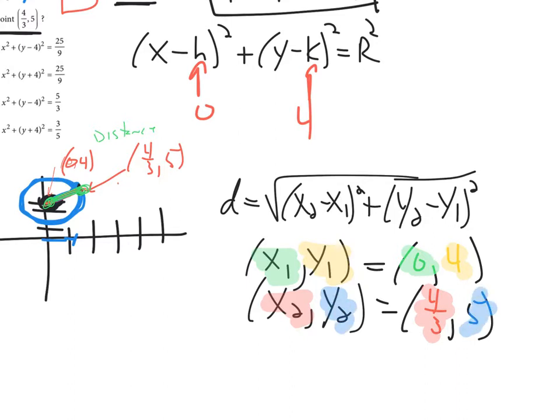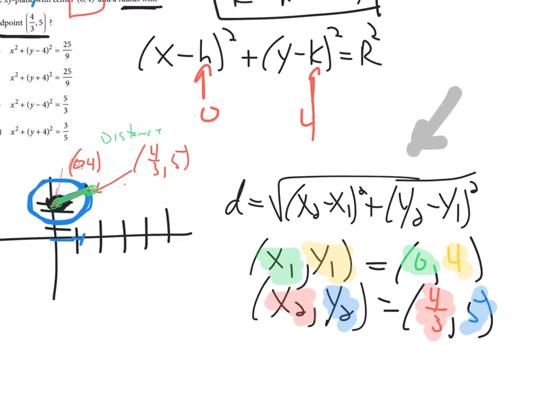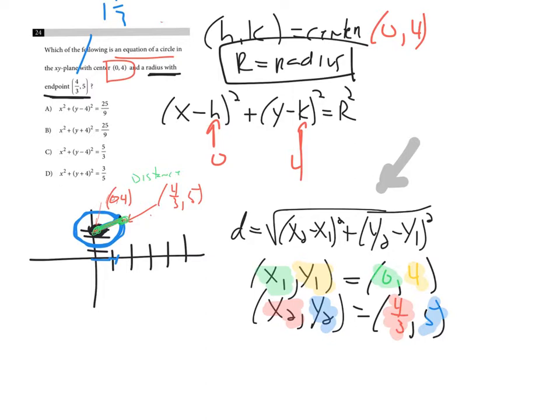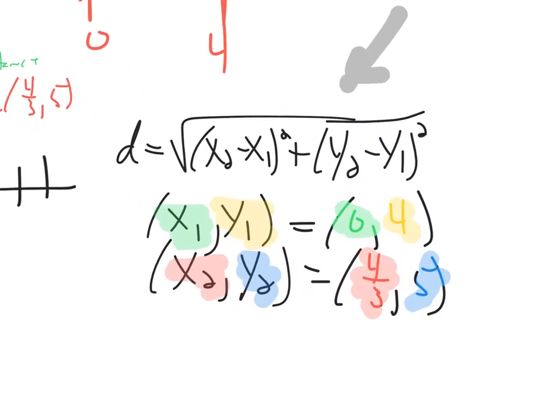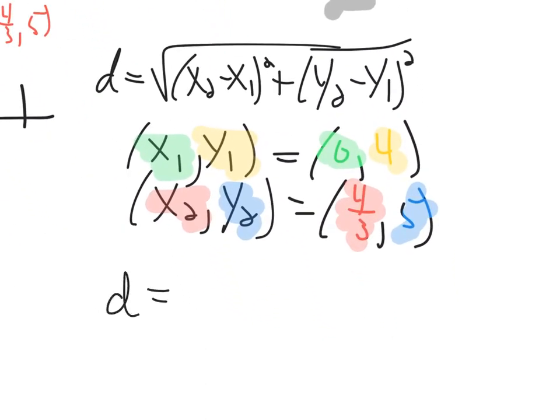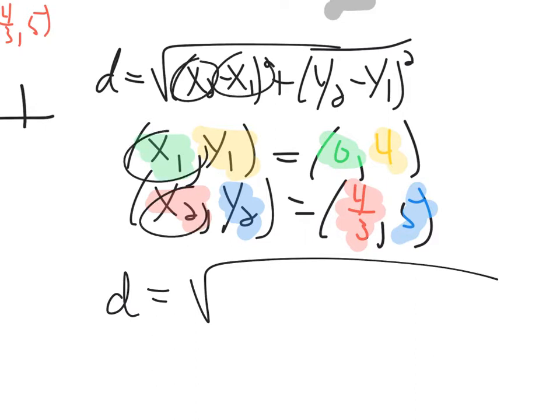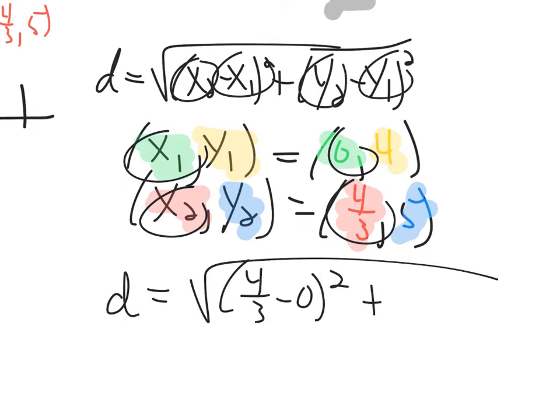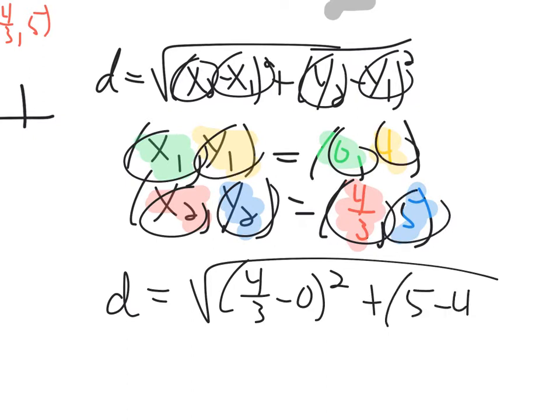So I'm going to plug these values into the distance formula to get the distance between those 2 points, and then once I know that, that's going to give me r, the radius of the circle. So here I'm going to have the distance equals the square root of x2 minus x1. So in this case, 4/3 minus 0 squared plus y2 minus y1, or 5 minus 4 squared.